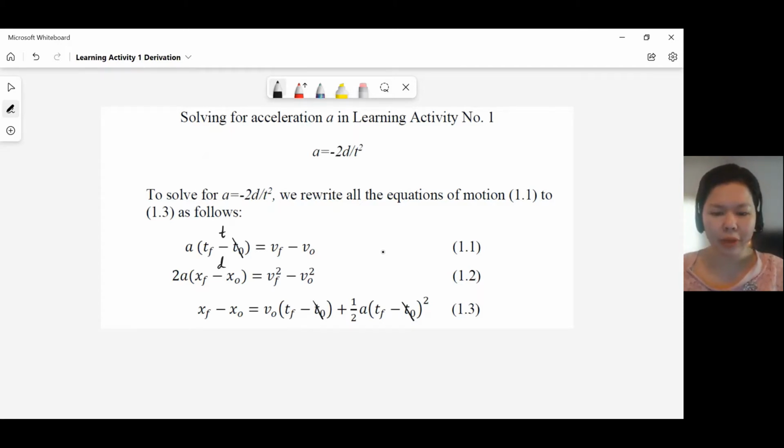And our final velocity is 0 because the recorded T final is where the object stops. So I'll also drop Vf squared.